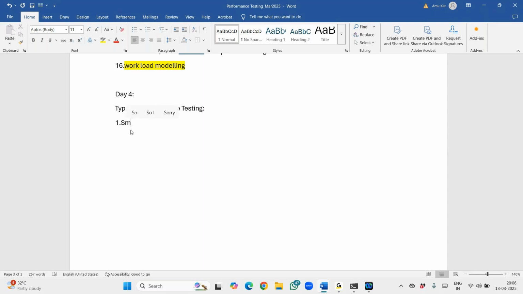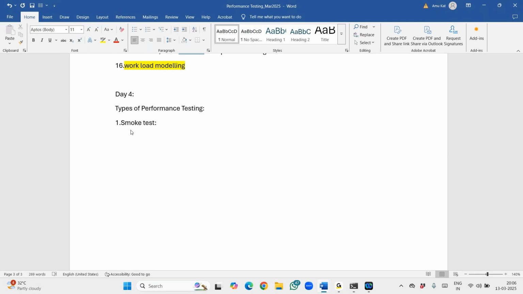Testing the application to find the behavior at its peak load. Okay, good, thank you. So performance testing is nothing but checking the application behavior whenever we are hitting it with max and peak load, exactly how the application is behaving.